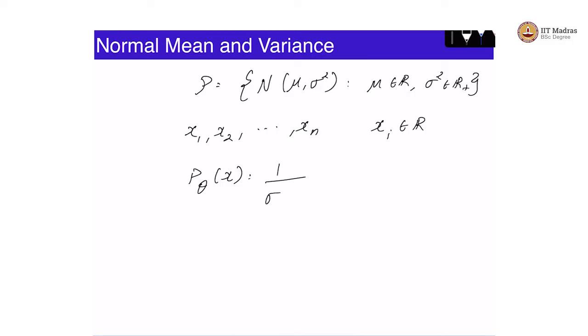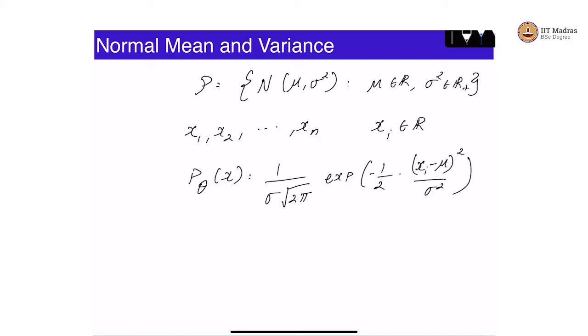So you have 1 by sigma, and it's also a parameter. You have 1 by sigma square root of 2 pi into exp of minus 1 by 2 into xi minus mu the whole squared by sigma squared. So this is your p theta of x.